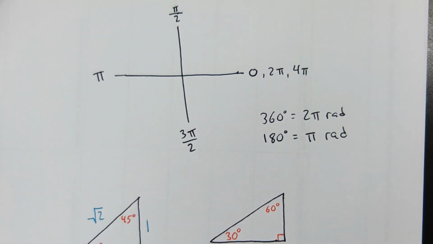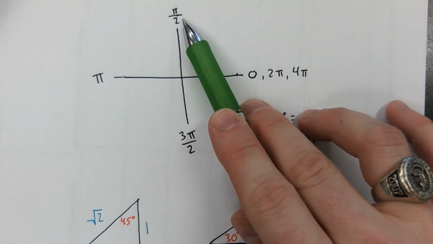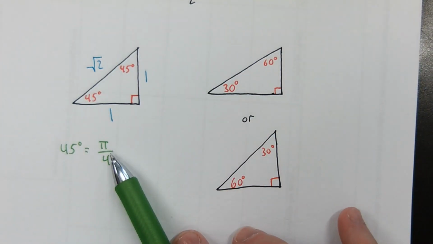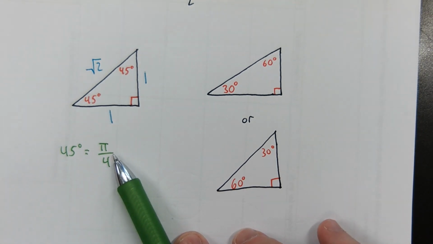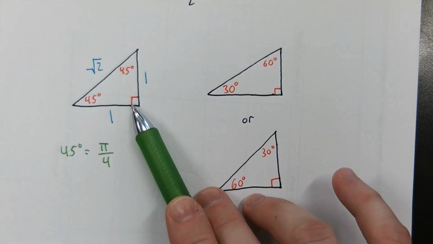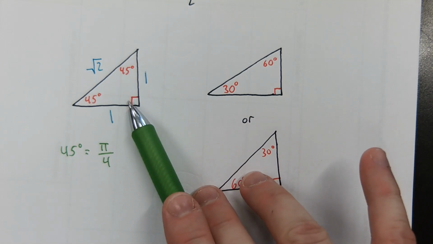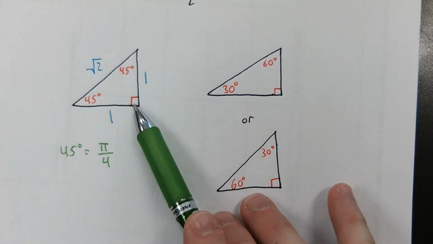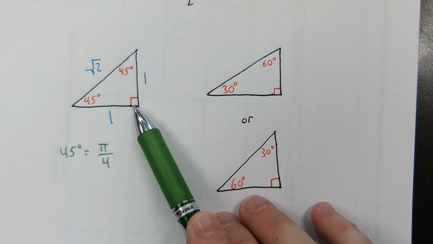And since 90 degrees is represented by pi over 2 radians, half of pi over 2 radians gets us this pi over 4 radians. However, whenever I draw my special right triangles, I'm always going to use 45 and 90 for the isosceles, because the pi over 4, pi over 4, pi over 2 triangle just doesn't roll off the tongue as nicely as the 45, 45, 90.